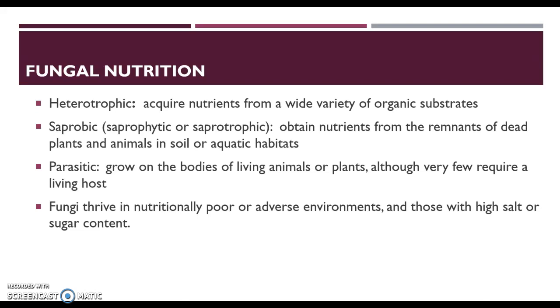Some fungi are heterotrophic, and this means that they have to acquire their nutrients from other sources. Basically, this is eating, so they must eat their food or consume it from someplace else. Some fungi are what we call saprobic. This can also be called saprophytic or saprotrophic.